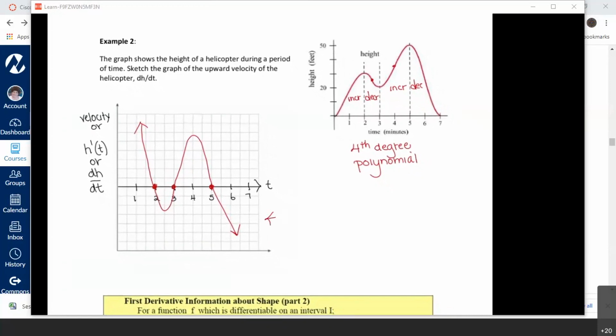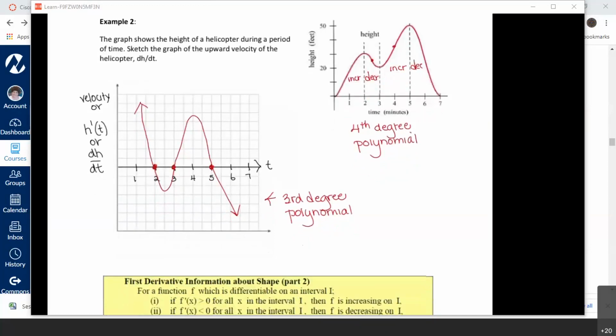Because the power rule says bring your exponent forward, then drop the exponent by 1. So whenever you differentiate polynomials, you'll notice you drop the degree by 1. And hopefully to everybody who took college algebra, even if it was a while ago, you can recognize this as a 3rd degree polynomial.